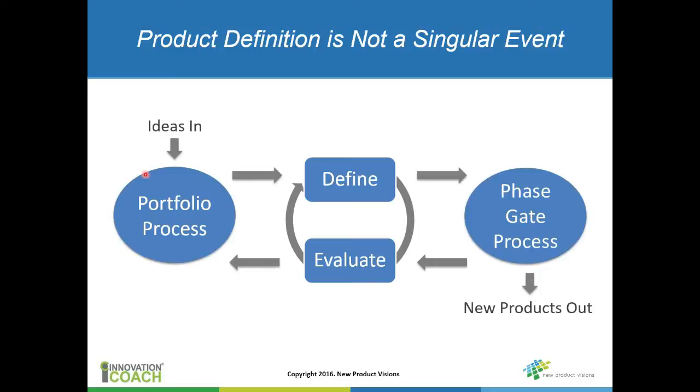And it really sits between the portfolio process and your phase gate process. So there's a lot of interplay, because as I mentioned before, this is part of the fuzzy front end, so to speak, and you might learn something as you start to define this product in phase 1. It kicks it back into the portfolio process, and maybe the project gets put on hold. So again, it's not a singular event, but a process.